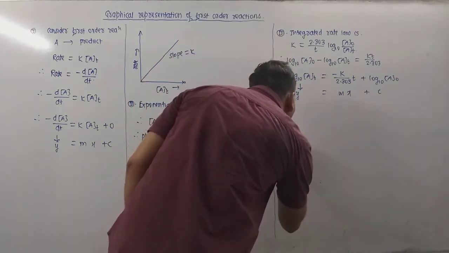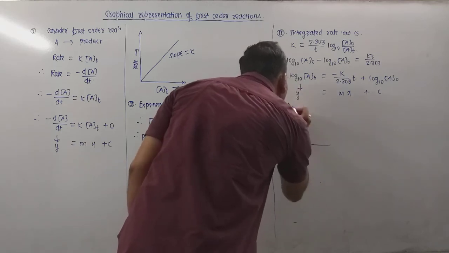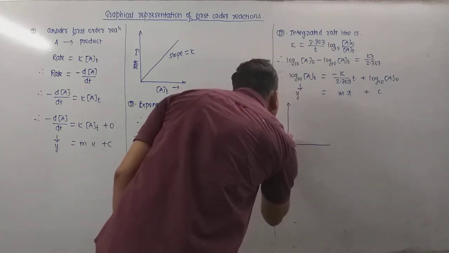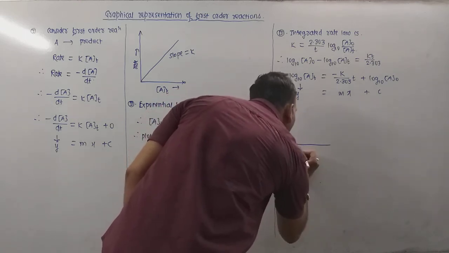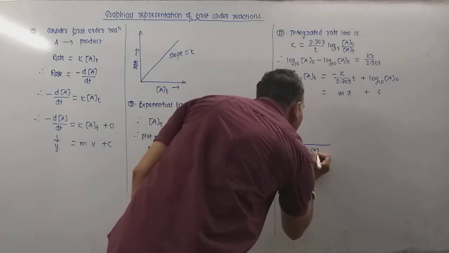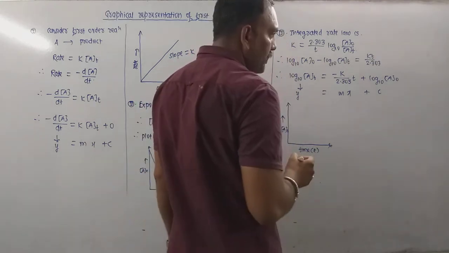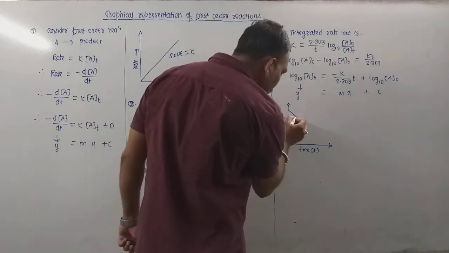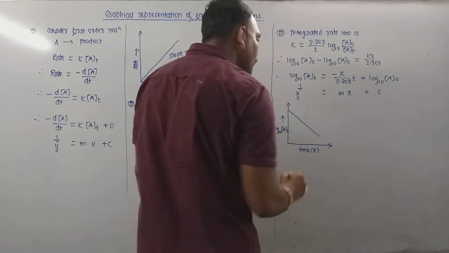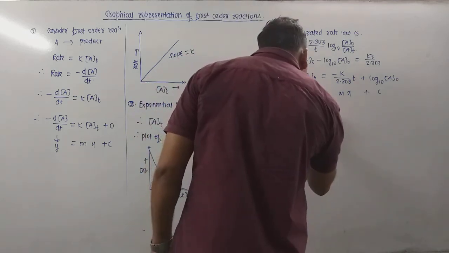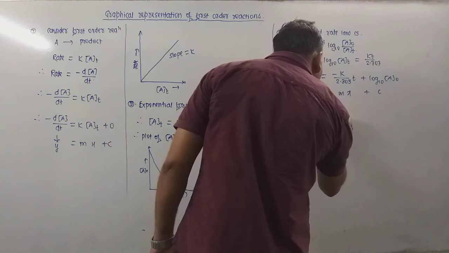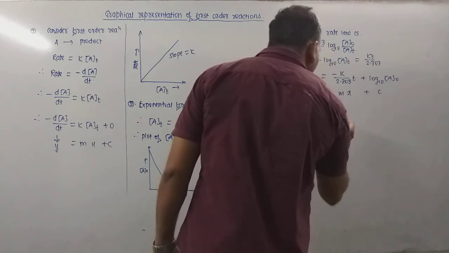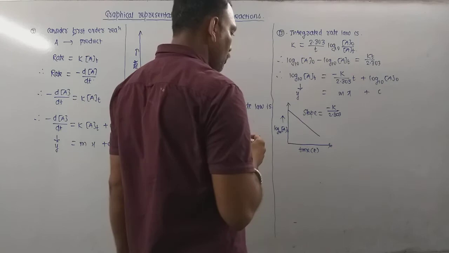So the plot can be shown like this: log base 10 concentration of A at t against time t. A straight line can be seen like this, and the slope comes out as minus k upon 2.303.